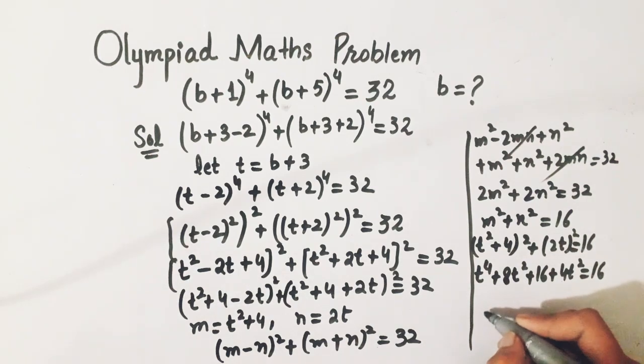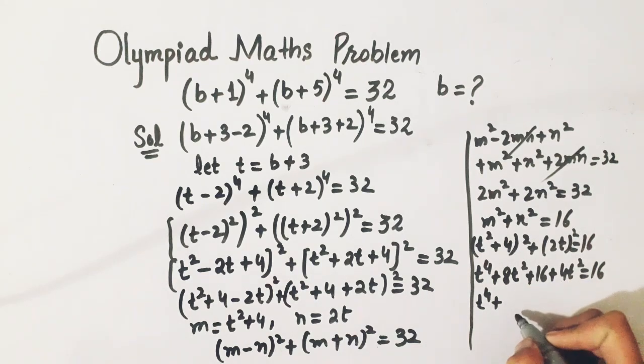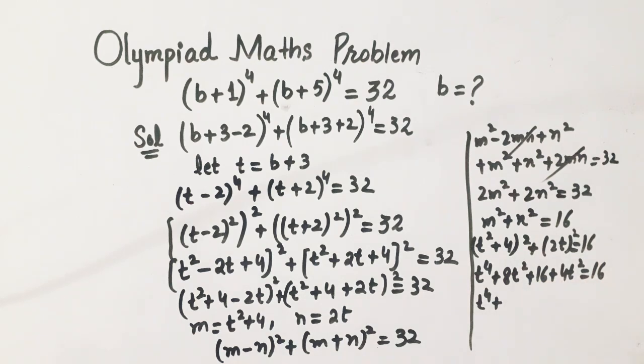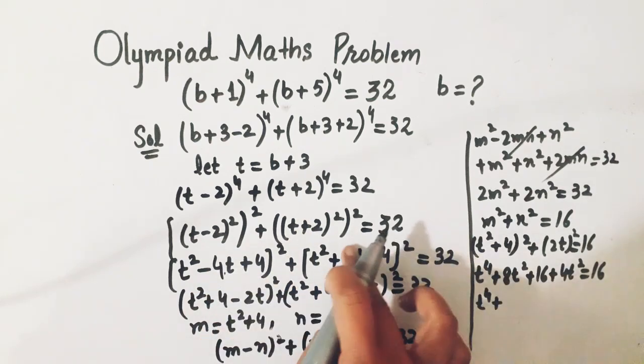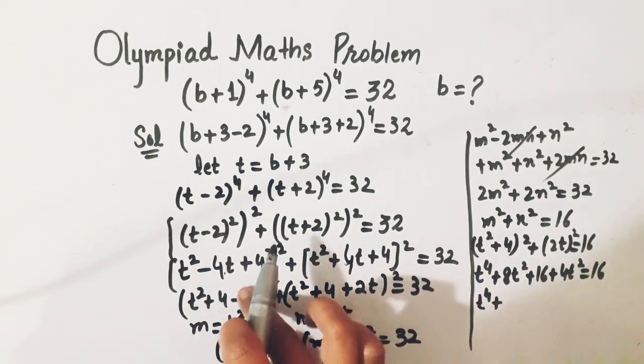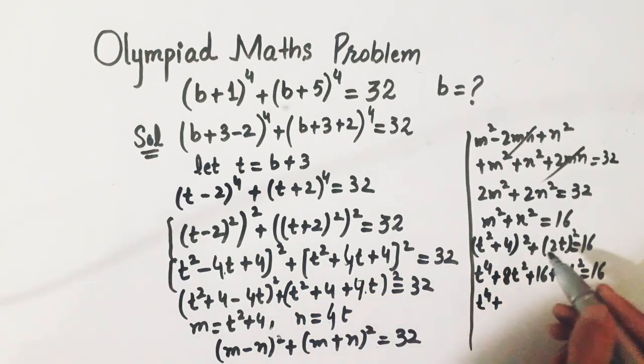So we have t^4 plus 8t^2 plus 16 plus 4t^2 equals 16.